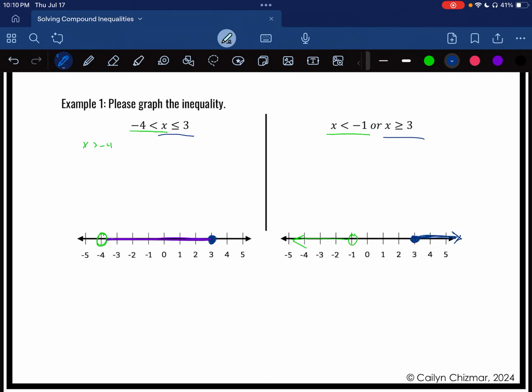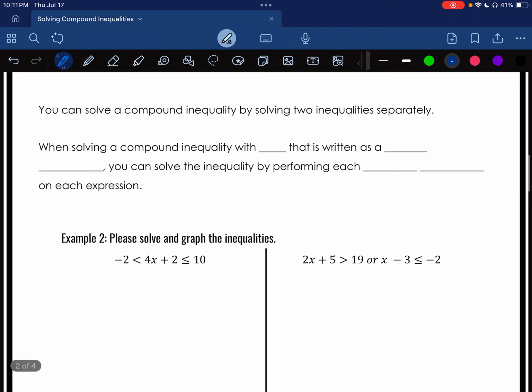All right, go ahead and flip the page, and let's see how we might go about solving some of these. So we can solve compound inequalities by solving two inequalities separately. So when solving an inequality with this and, that's written as a single inequality, what I mean is that sandwich type.